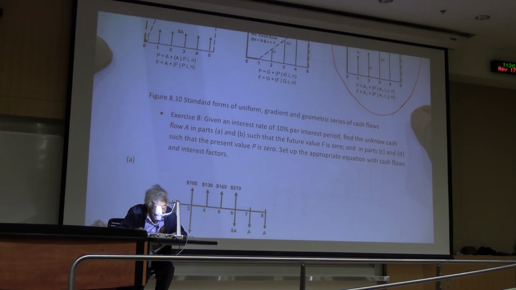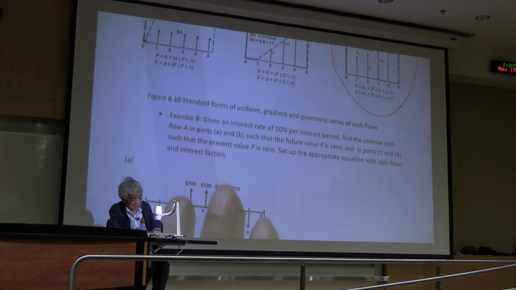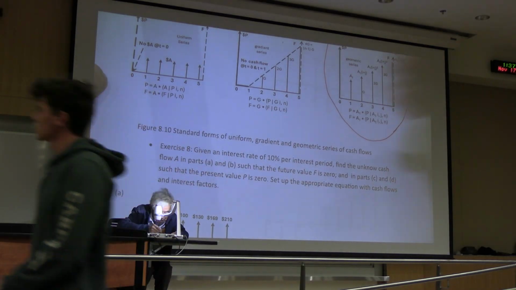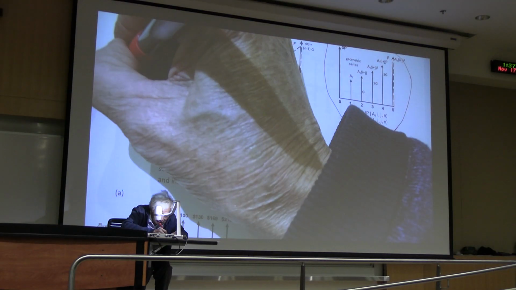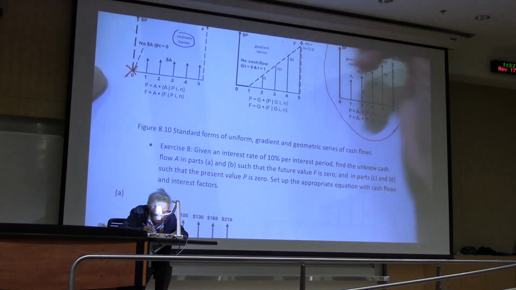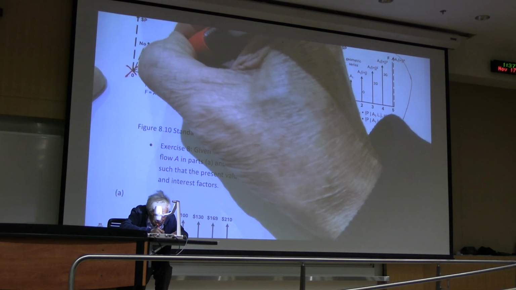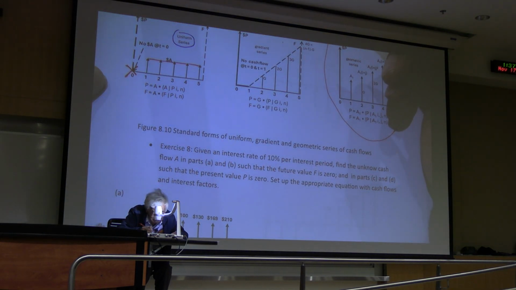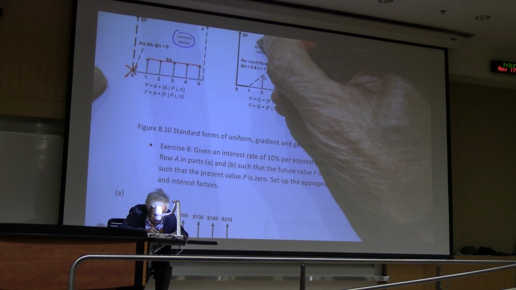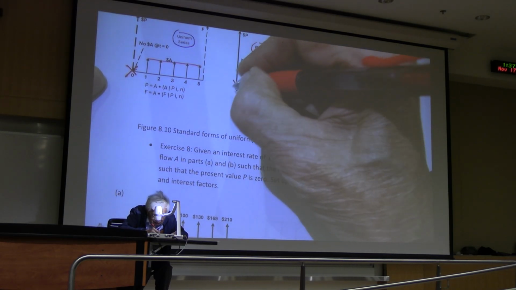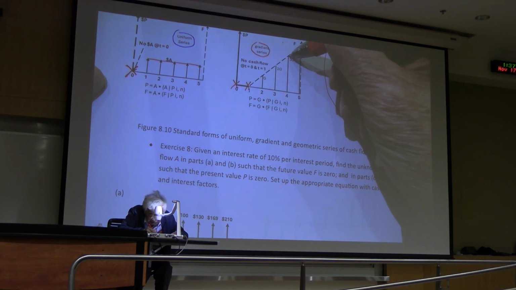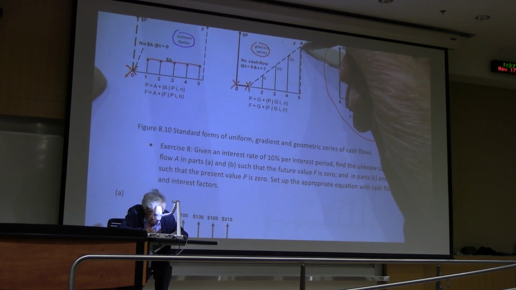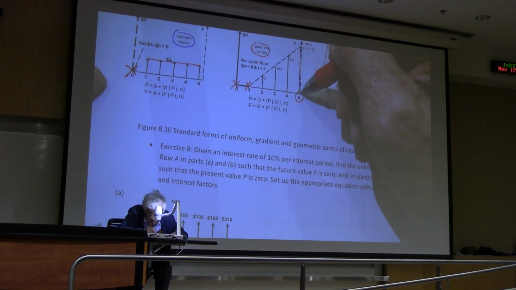Let's first review the 3 types of cash flow series on the top of this page. Uniform series. Remember, there's no cash flow at time 0. Uniform amount. Gradient series. No cash flow at time 0; time 1, G, 2G, 3G, 4G, up to (N minus 1)G.